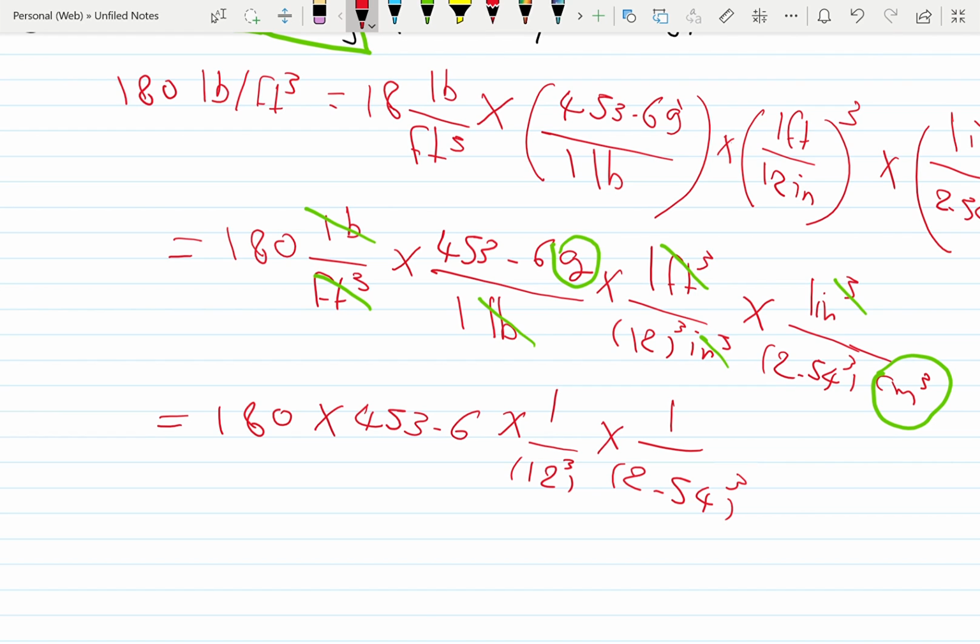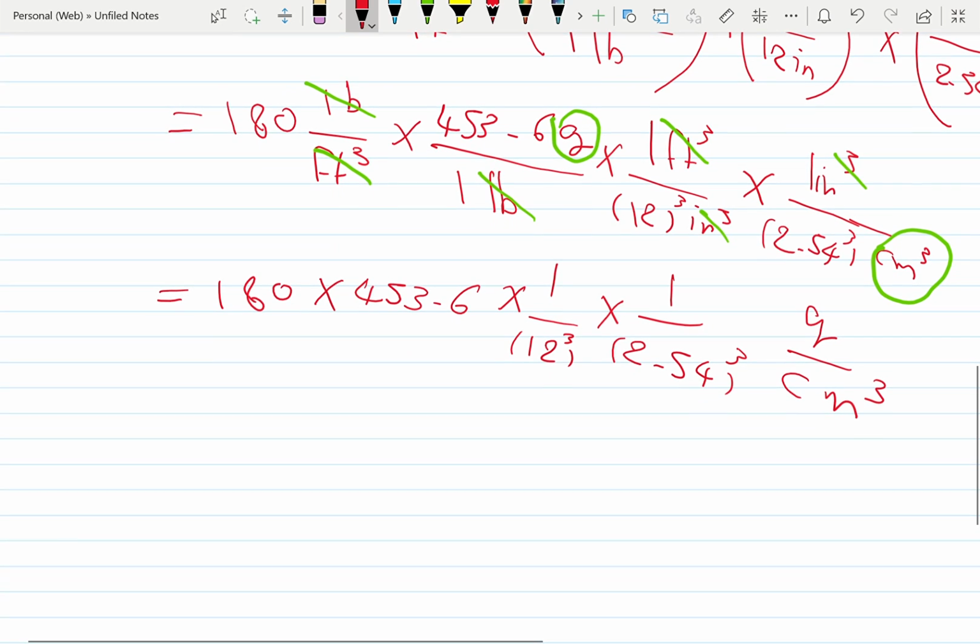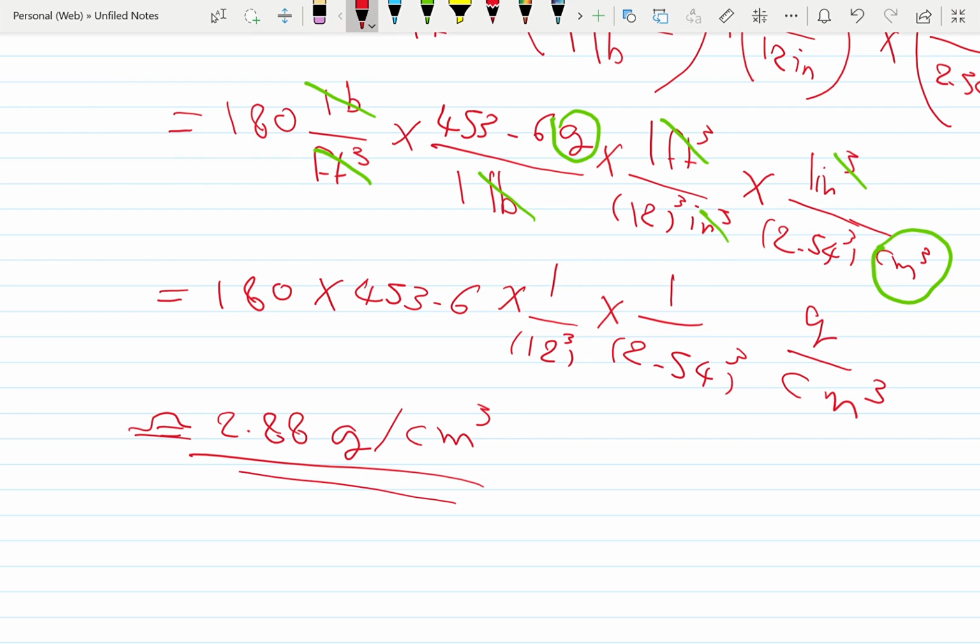And what we have here, gram over centimeter cubed. Okay, so that will be our answer. That is almost, it's not exactly, but almost 2.88 gram per centimeter cubed. That is what they ask us for. If you see the form is okay, so you don't need to convert it to standard form.